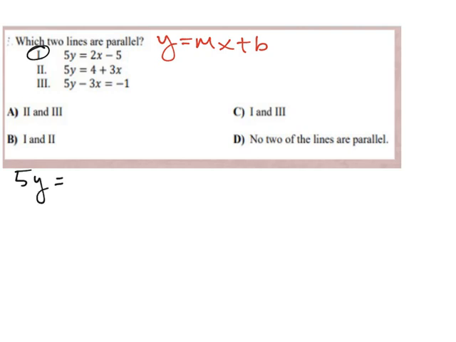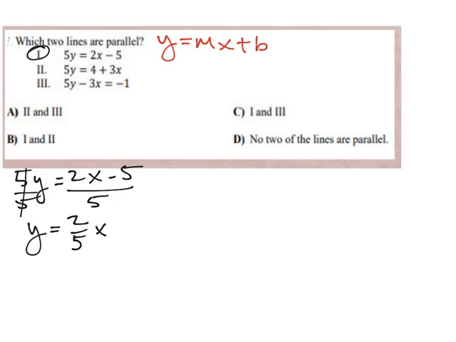So 5y equals 2x minus 5. Divide all sides by 5. Okay, and we'll get y equals 2/5 x minus 5 over 5, which would be 1.